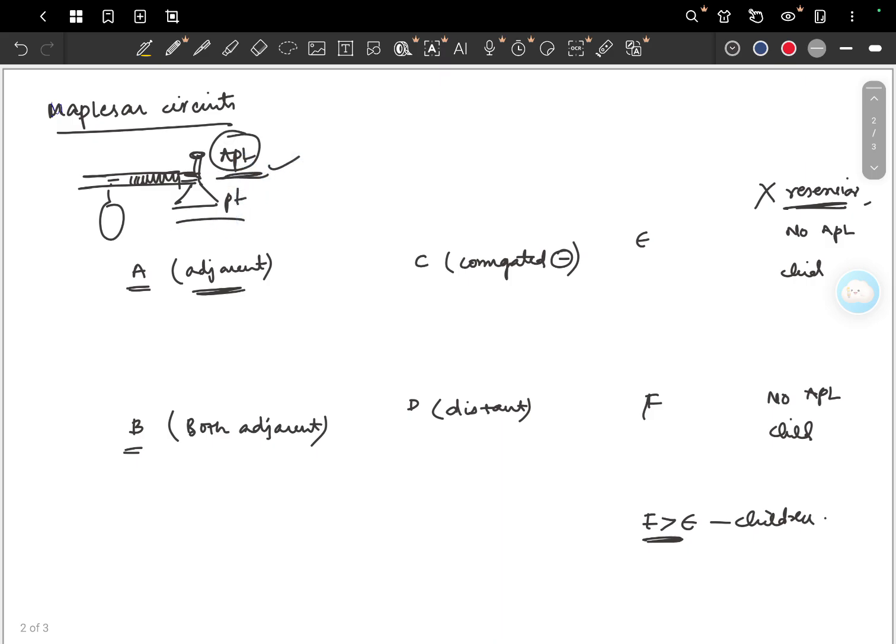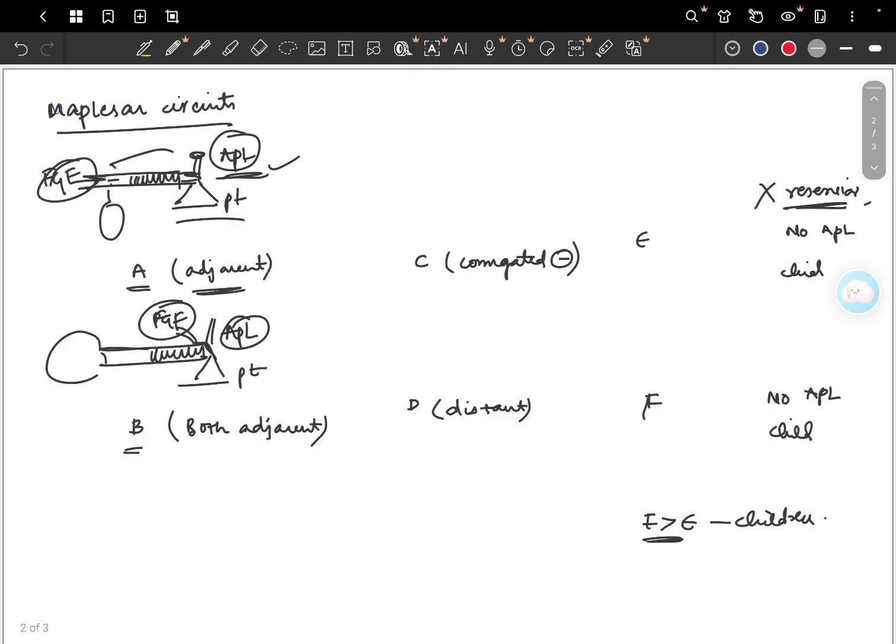So this is type A. Then coming to type B, we have tube again, which is corrugated, and this is the patient side. Now both are adjacent, that means there is APL, there is free gas flow as well. We have reservoir bag here. So here free gas flow is present in this direction, only this is present on another side. But here both are adjacent, so this is B.